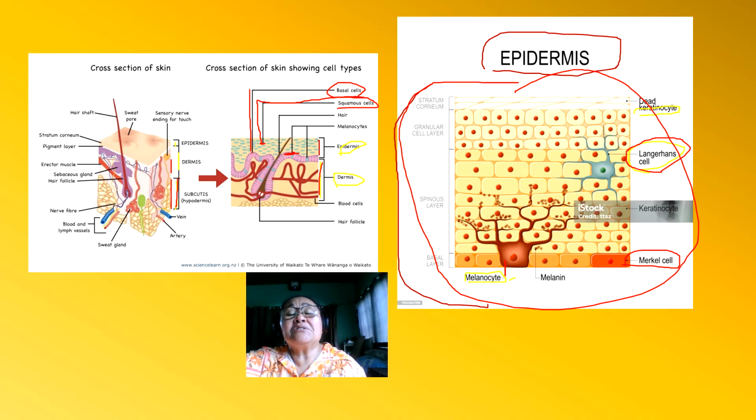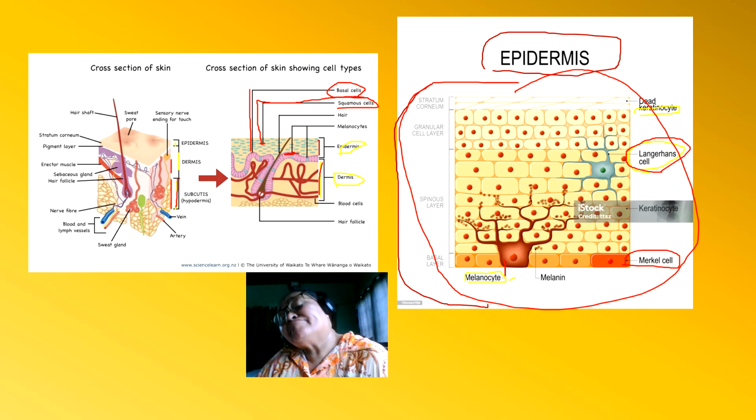Okay, as we all know, the skin performs several vital functions. One of these is to protect the body from injury, infections, and harmful ultraviolet radiation. Number 2, it regulates body temperature through sweating and blood vessel dilation or constriction.